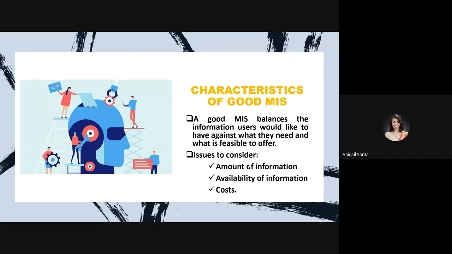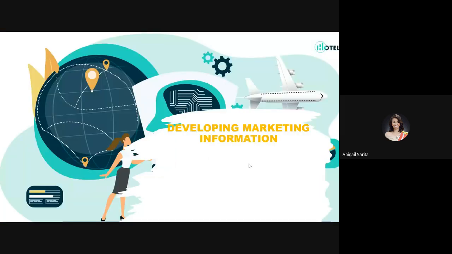So, these are the issues you can consider or you should consider when you are identifying the characteristics of good MIS. Moving forward is developing marketing information. When we say developing information class is pagsasama-samahin nyo na yung mga nakuha nyong datas or insights from your clients or from your customers.